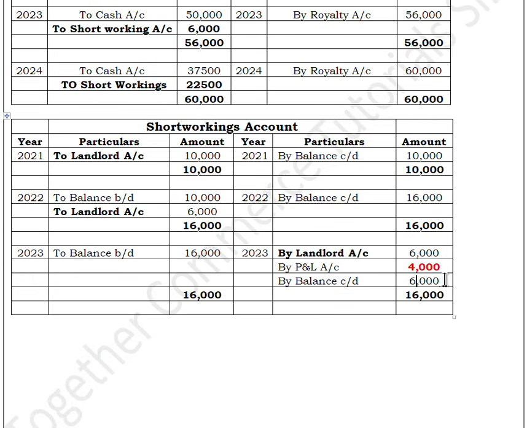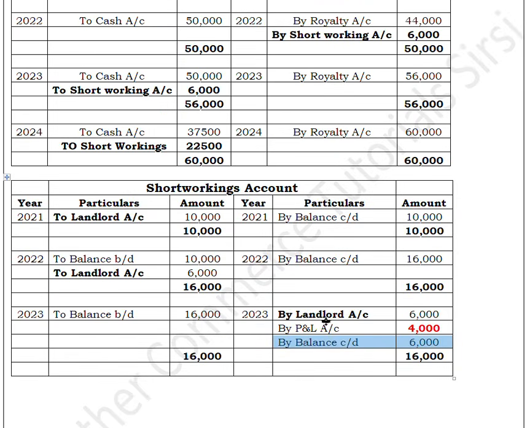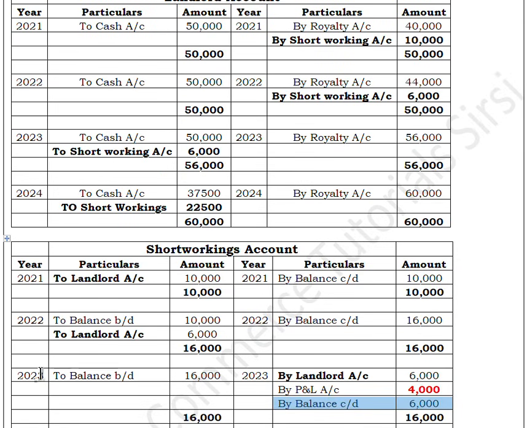Then this is the balancing figure of 16,000. 16,000 is written here. 16 minus 6 minus 4, that is 16 minus 10 becomes 6. So this is the last entry. You can stop the short workings account as soon as you reach the loss year or the irrecoverable year. Okay. So this is how you should solve a short workings account.